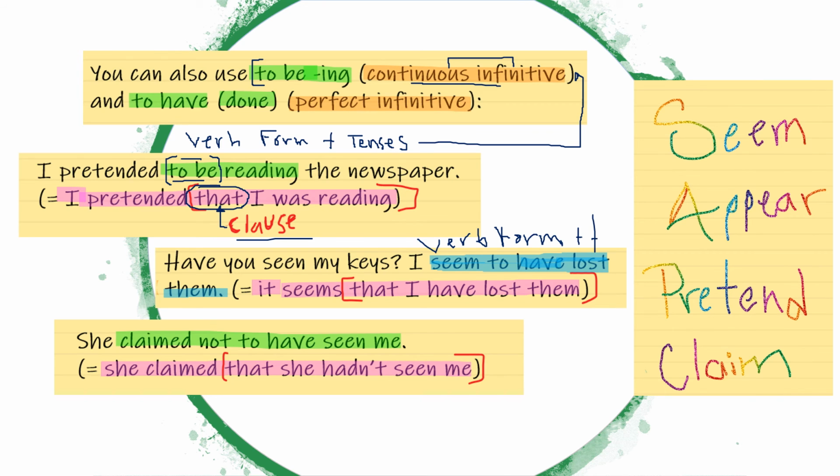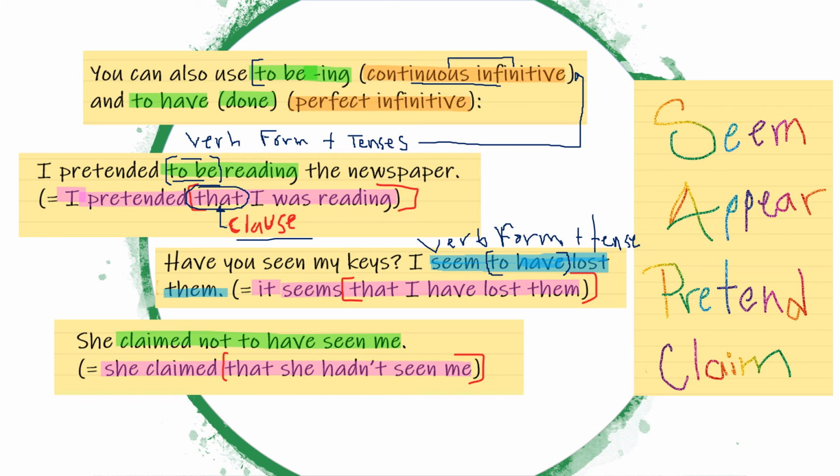Okay, with a tense, just like this. Okay, it says here seem, to have. Now this is the verb form that is a full infinitive, but it's with the tense past perfect.